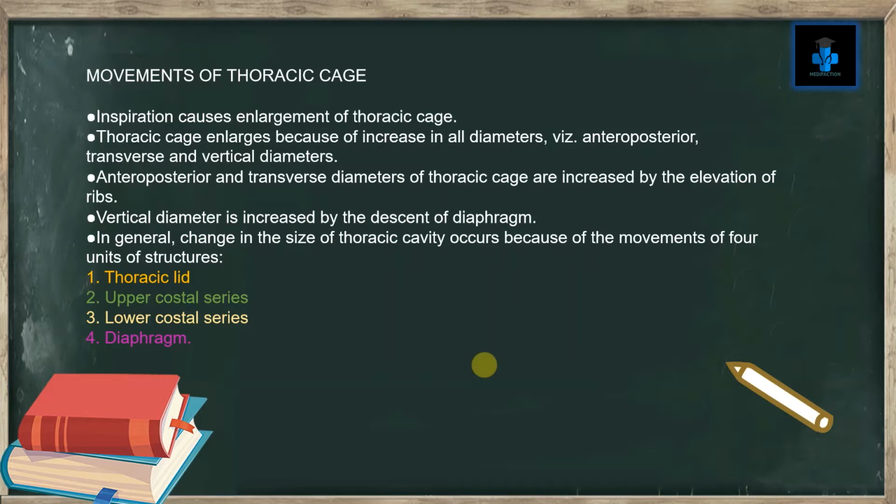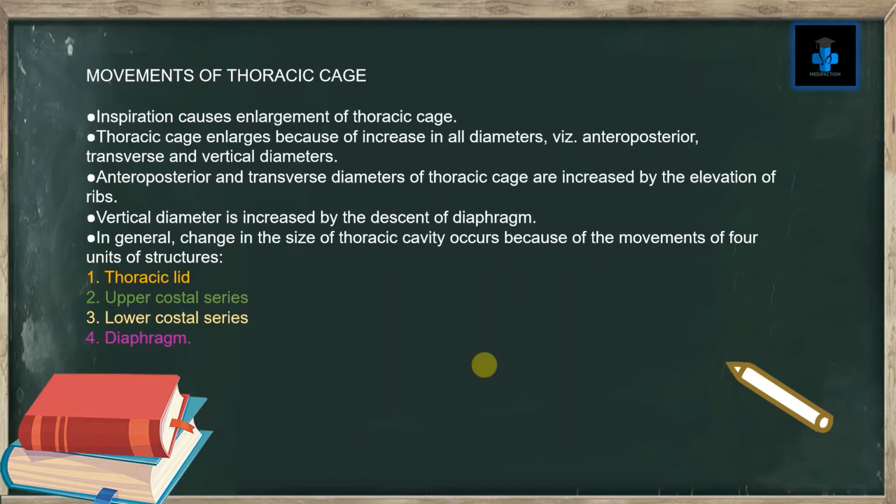Movements of thoracic cage. Inspiration causes enlargement of thoracic cage. Thoracic cage enlarges because of increase in all diameters, which are anteroposterior, transverse, and vertical diameters. Anteroposterior and transverse diameters of thoracic cage are increased by the elevation of ribs. Vertical diameter is increased by the descent of diaphragm.